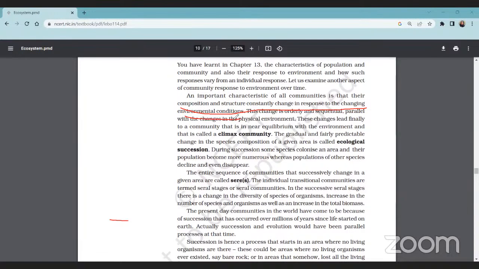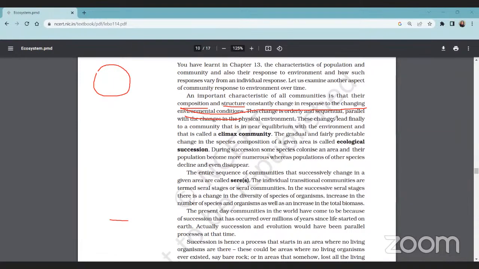In an ecosystem, the composition and structure change in response to the changing environment. If there are any changes in the environment in that area, the community structure and composition also change.